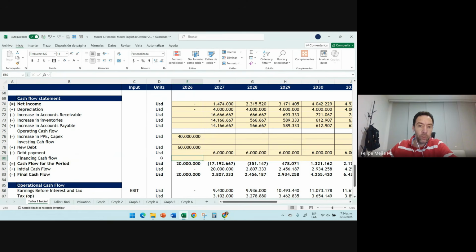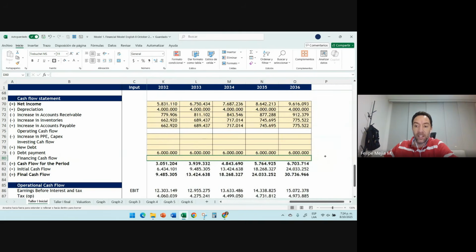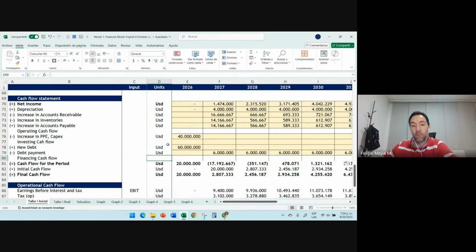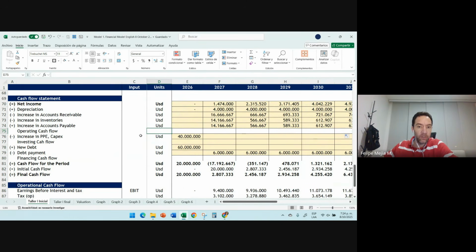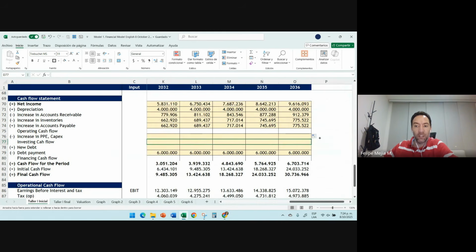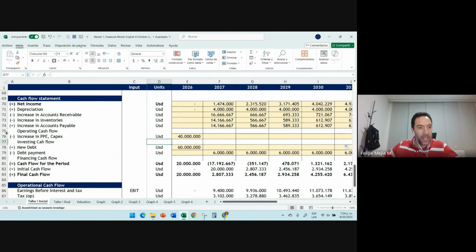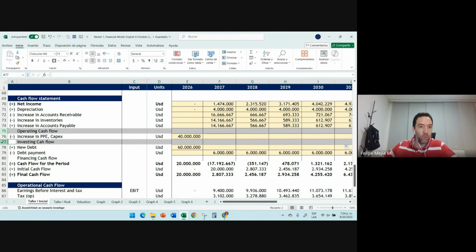In the future, when we're working in valuation, we will notice that different types of valuations work under different subtotals. For instance, there's one way of valuing companies called free cash flow to equity that uses both these cash flows.